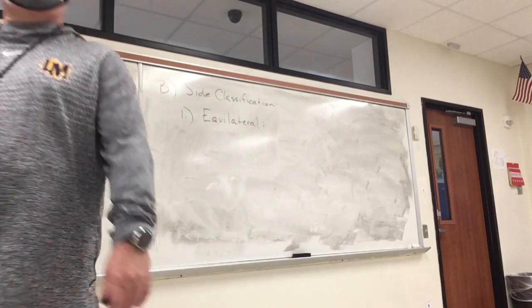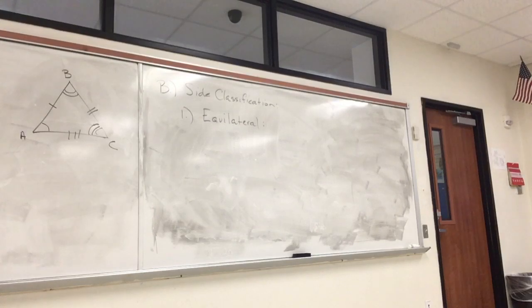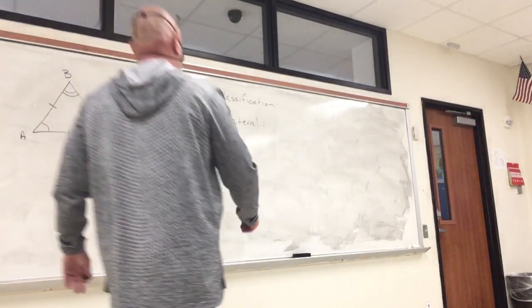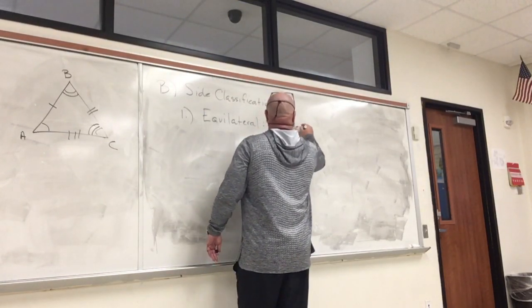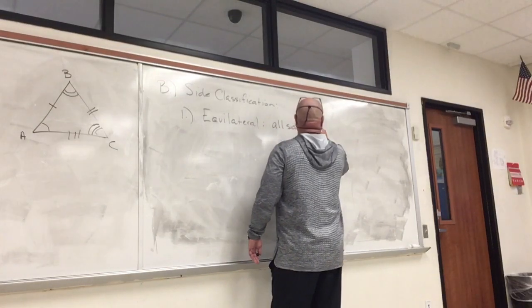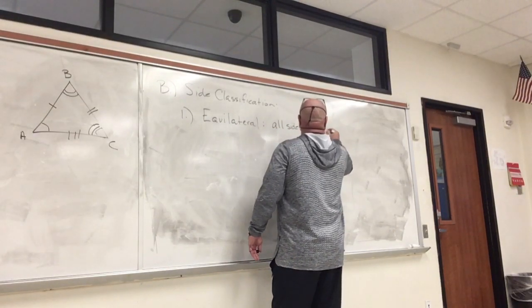In an equilateral triangle, all sides are equal. Okay? All sides are equal.